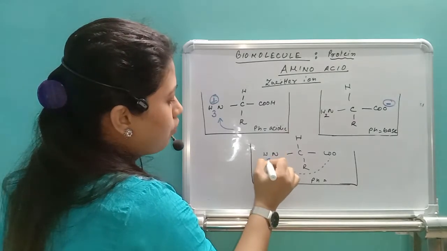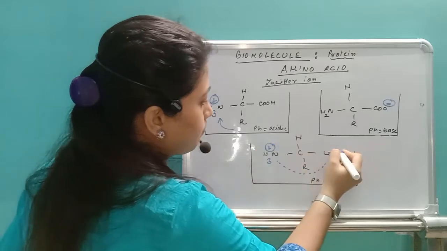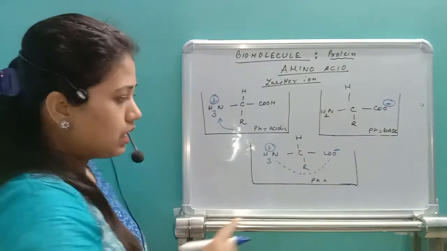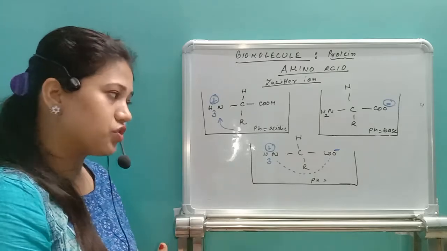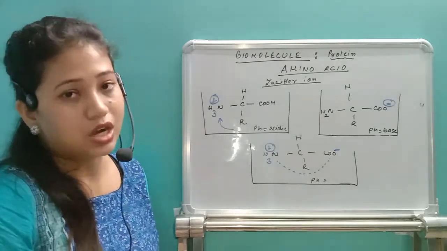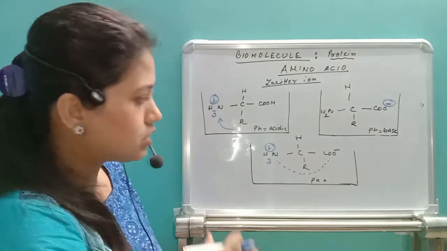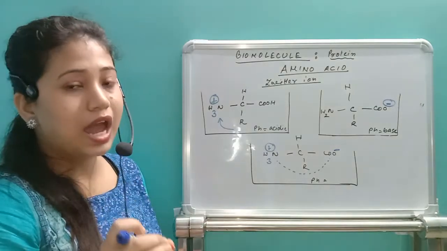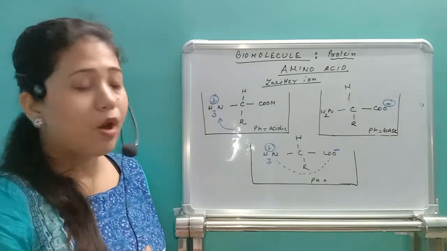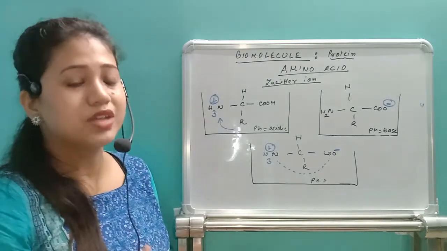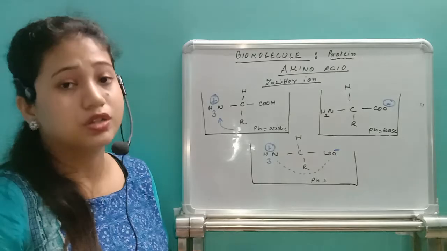Then you see, in the same ion we can get both charges, that is positive as well as negative charge. So this ionic state in which a compound develops both the positive charge and the negative charge is called a Zwitter ion.